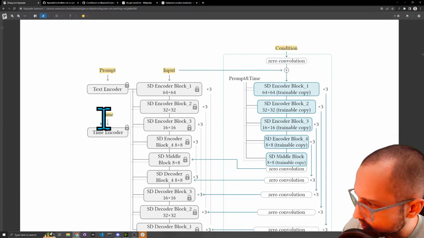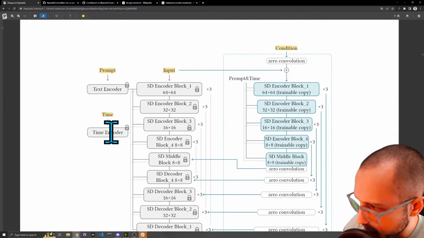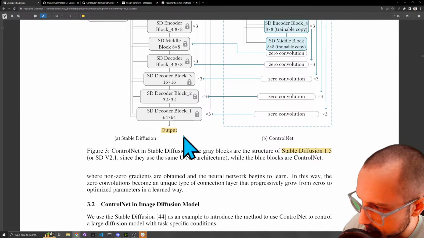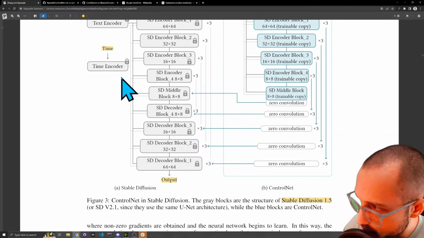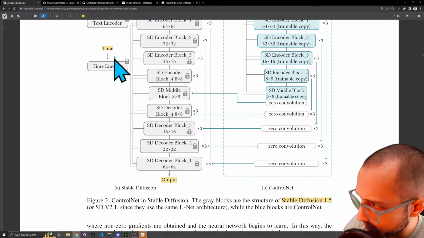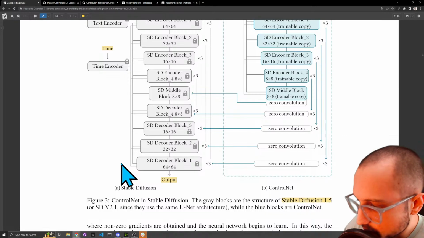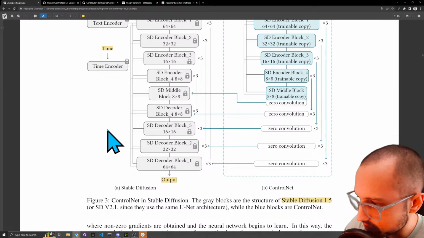So the diffusion time step, normally it's normalized from 0 to 1, but here they're going to be using a positional encoding. So every part of this Stable Diffusion UNet knows how far along the denoising process it is. When you are very early in the denoising process, performing the first inference step, you're probably going to be removing noise more aggressively.